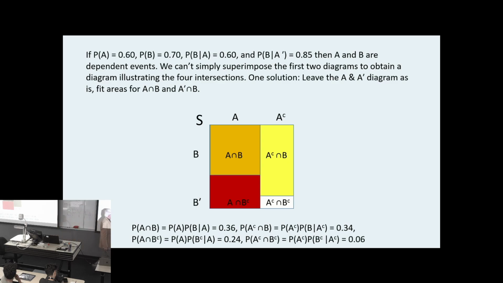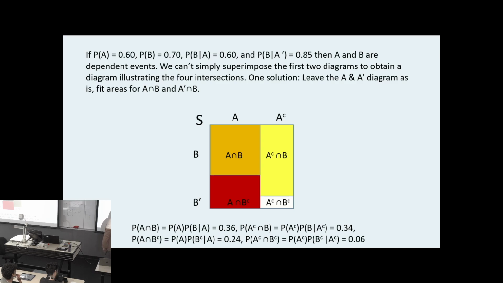You could get this part by subtraction, because you know this is 0.6, and therefore, if 0.36 is there, 0.24 is there. I can also calculate that directly. I can take the probability of A times the probability of B complement given A, that's 0.24.